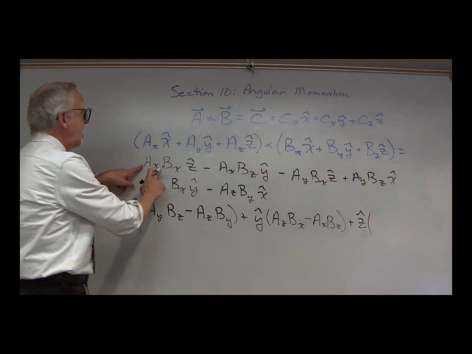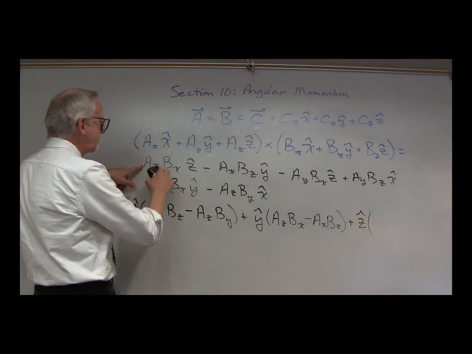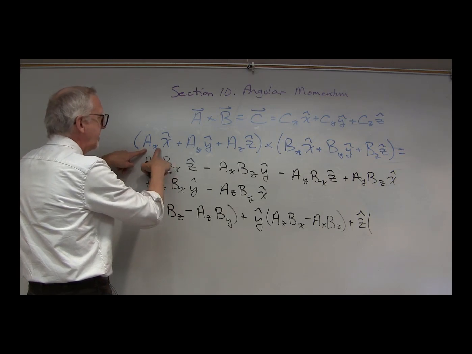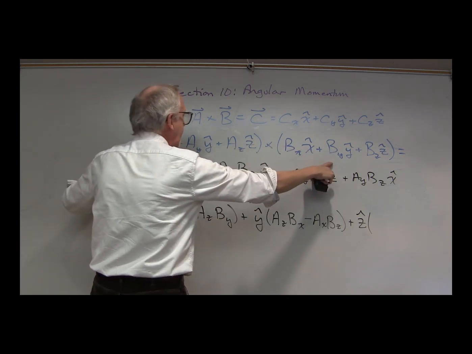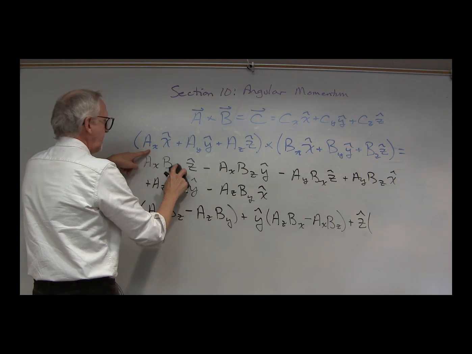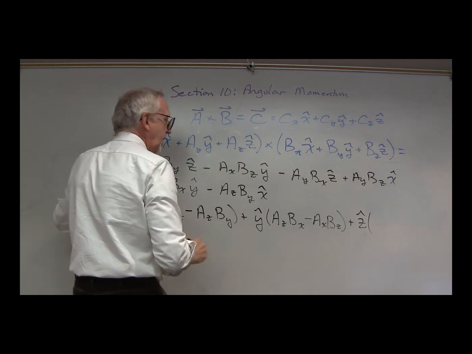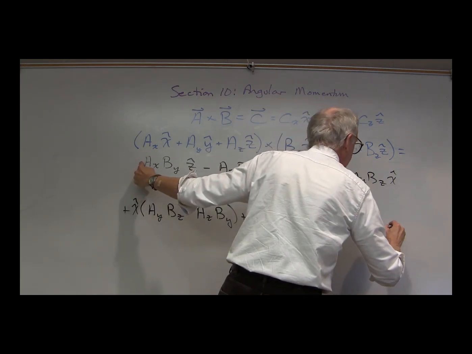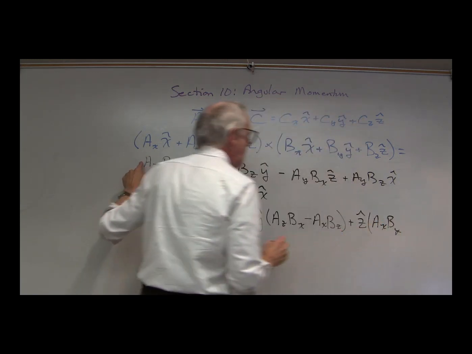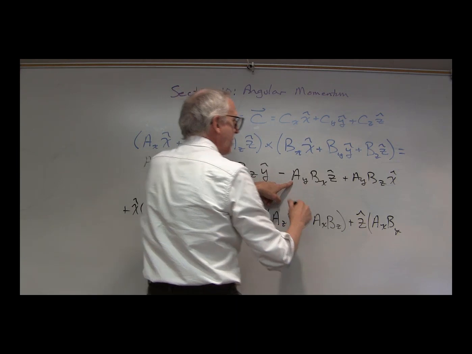We've got one here, whoops, sorry. This was this term, x hat cross y hat. This should be axby, sorry, miswrote that. So we've got axby, and then minus aybx.